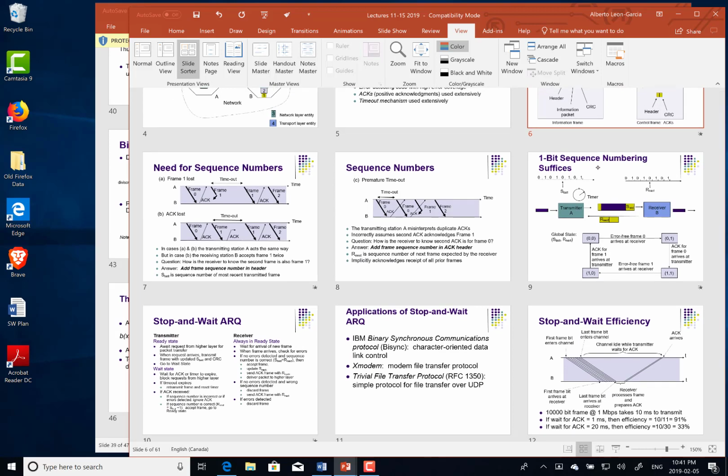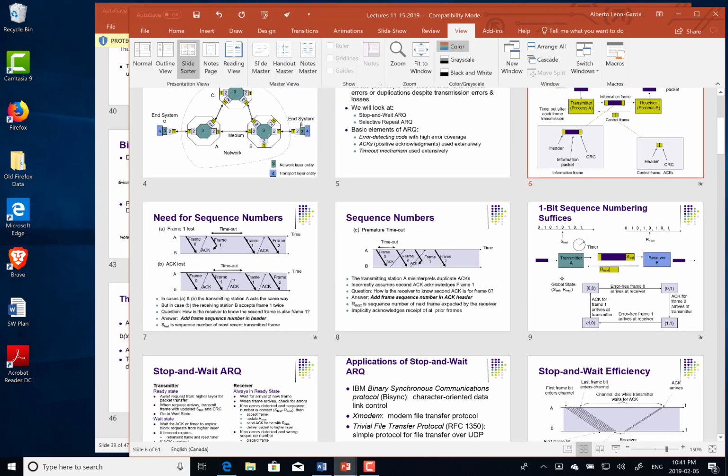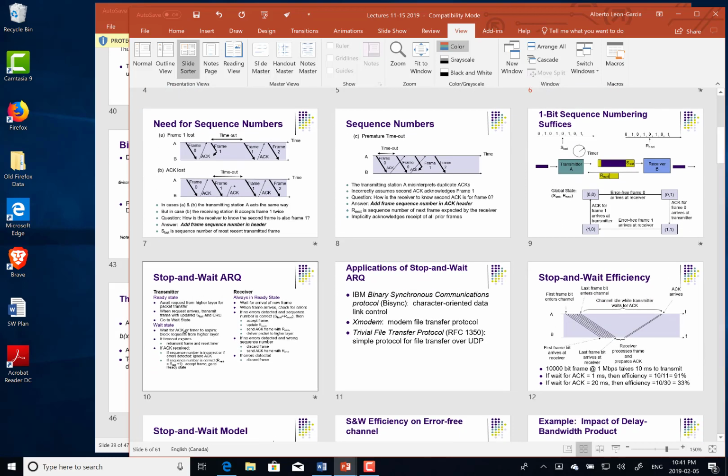The first type of ARQ protocol we considered was stop and wait, where you send the block of information and then you just wait until an acknowledgement comes in.